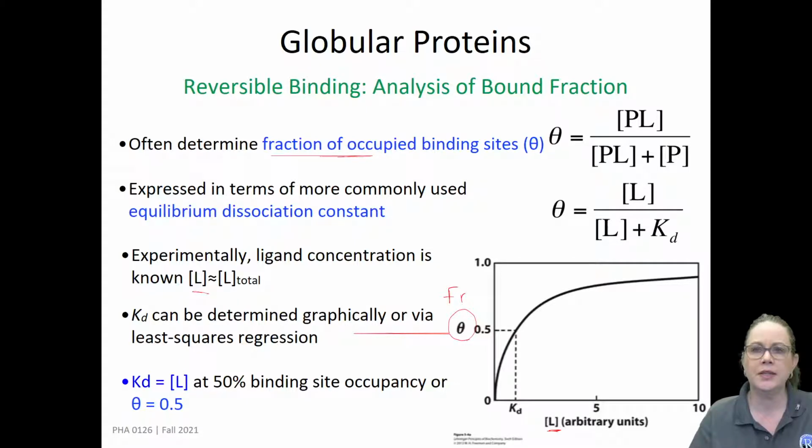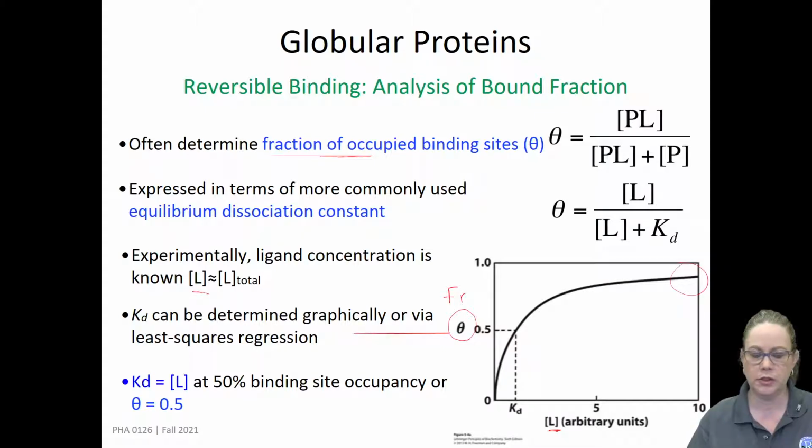So our KD value is going to be that concentration of ligand that gives us half of our binding sites occupied. It's very, very difficult to achieve these high concentrations to ever get 100% binding, so that's why we're using the 50% mark.